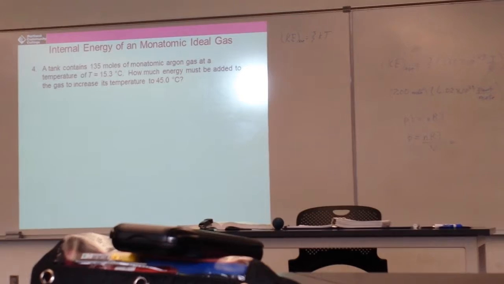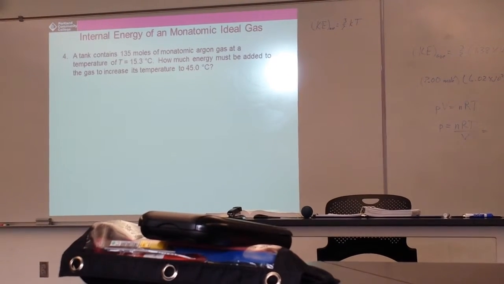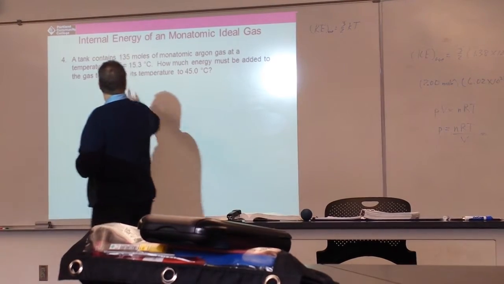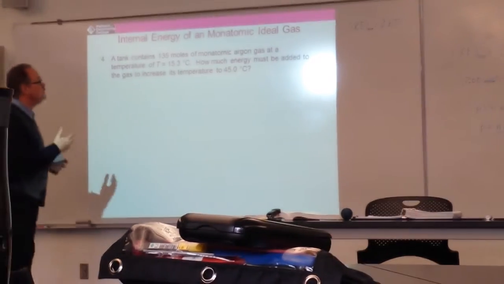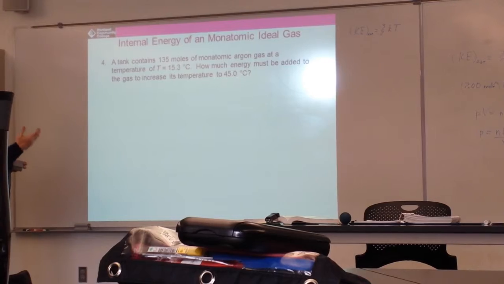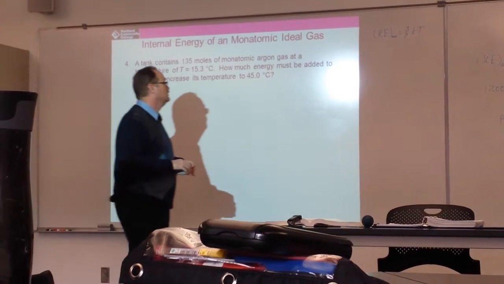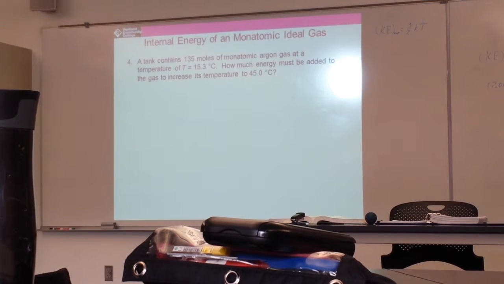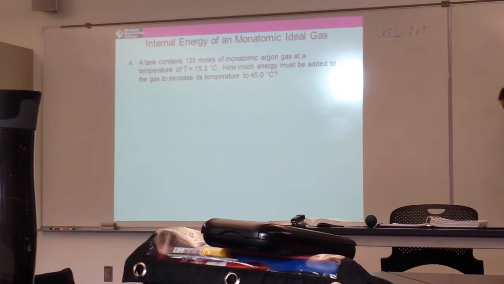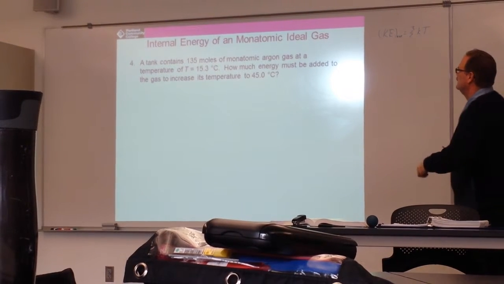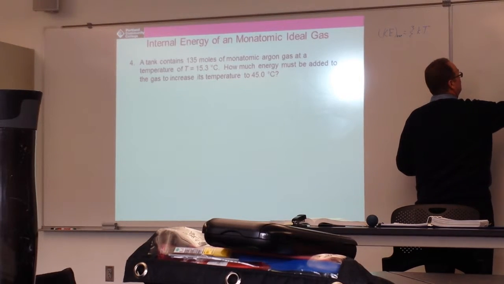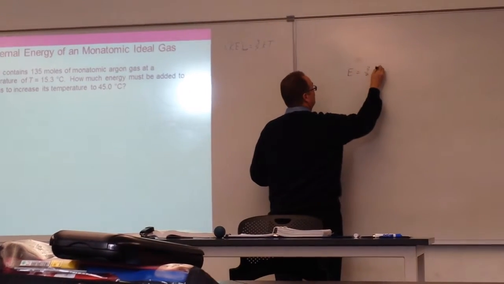is a tank contains 135 moles of monatomic argon gas at a temperature of 15.3 degrees Celsius. How much energy must be added to increase its temperature to 45 degrees Celsius? So this is heat we're going to add. Okay, so we know the energy is equal to 3/2 nRT.